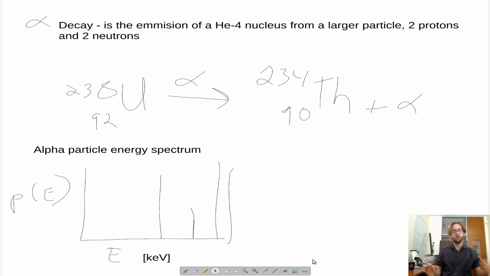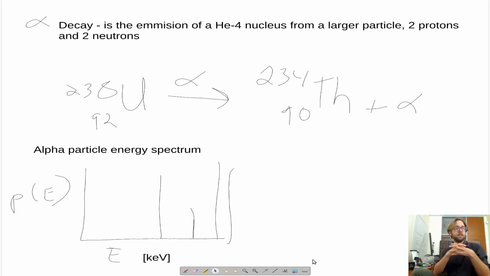And so there's no smooth curve that you get. The alpha particle comes out with the energy it comes out with, in the direction that it's going to come out in. So basically all of the momentum and energy are shared equally between the child nuclide and the alpha particle itself.